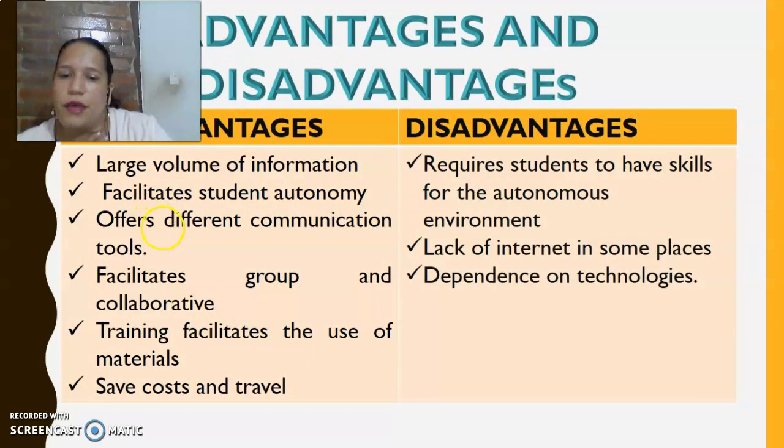The e-learning model has a number of advantages and disadvantages. The advantages of the e-learning model are large volume of information, facilitate student autonomy, offer different communication tools, facilitates growth and collaborative training, facilitates the use of materials, and save costs and travel.